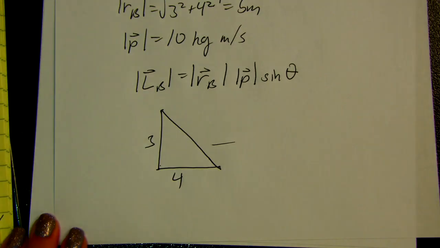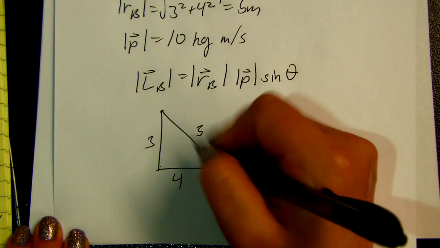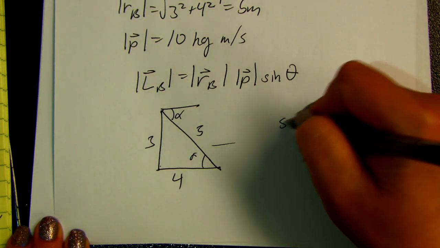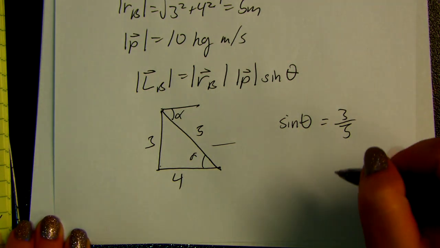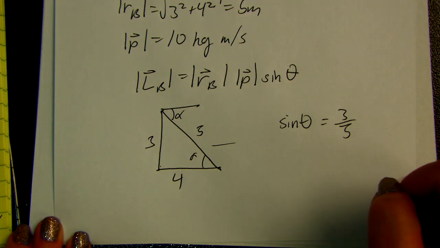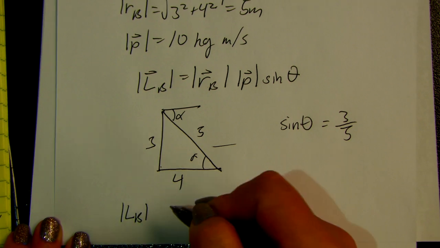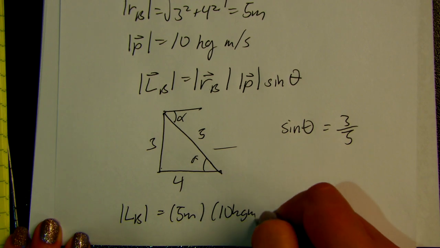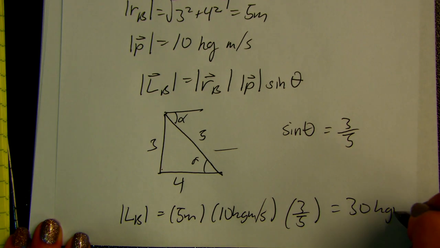There you go. This is 5, we'd have alpha. Sine theta is equal to 3/5. Using SOHCAHTOA, opposite over hypotenuse. And so LB is equal to 5 meters times 10 kilogram meters per second times 3/5, which is equal to 30 kilogram meters squared over seconds.